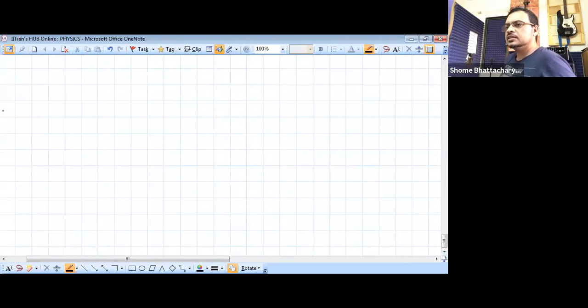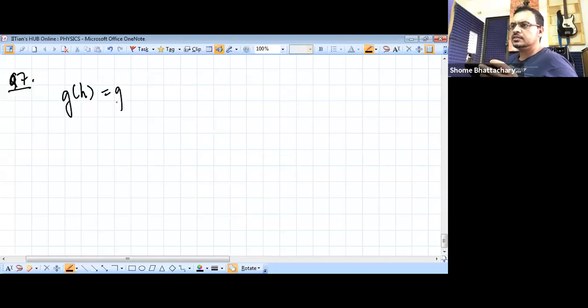Question 7 is again a question that is not really based on the principle you have learned, but more about how to apply what is given in the question. So you have to read the language of the question very carefully and interpret how it's happening. It says the gravitational field of the earth at a height h above is such that g at a height h is equal to g at ground level into this factor, which is the radius of the earth square upon radius of the earth plus h whole square.